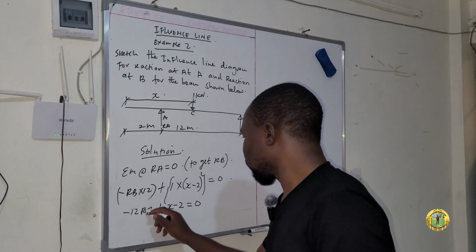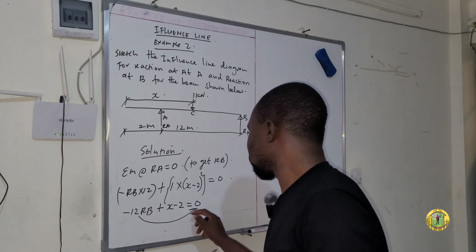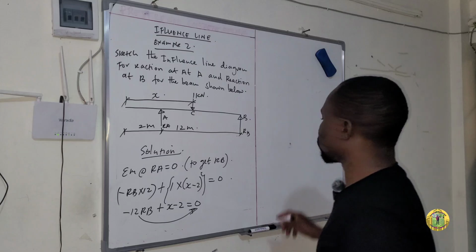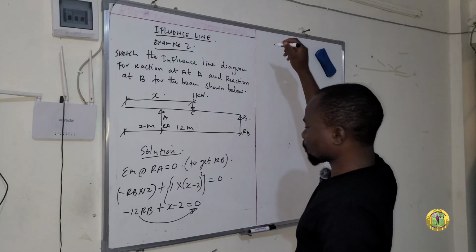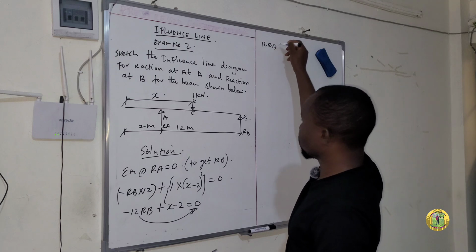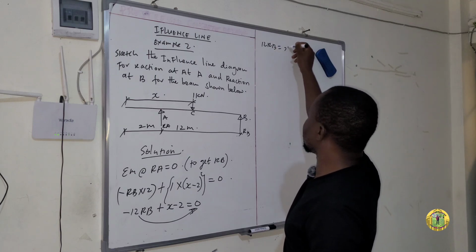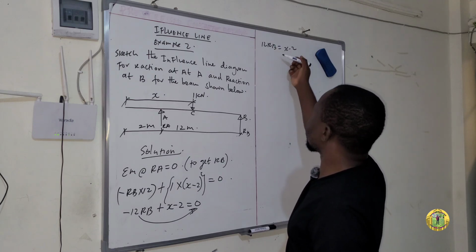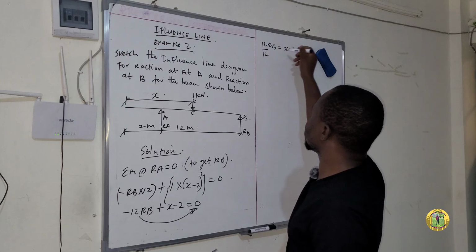So this will cross to the other side, so it will change from negative to positive. So we will have 12 RB is equal to x minus 2. To get RB, divide both sides by 12.